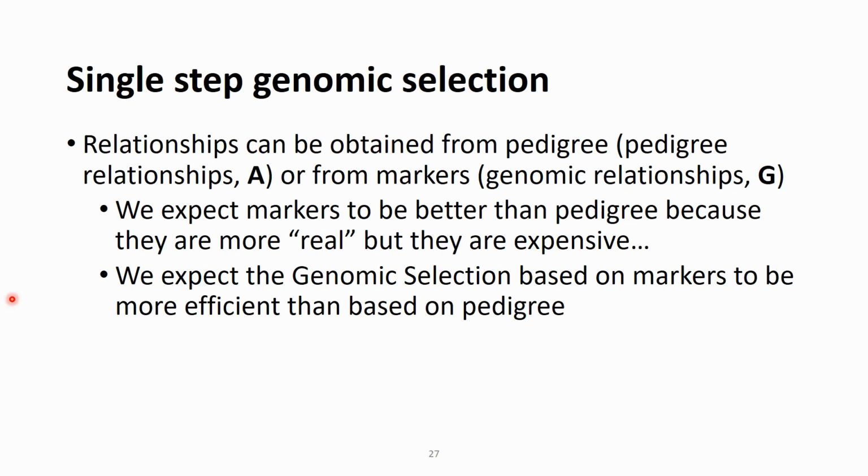Along similar lines, I would like to underline another method that is frequently used, and this is the so-called single-step genomic selection. Previously, when we were speaking about genomic selection, we assumed that all of the individuals are genotyped. Well, on the other hand, especially in large populations, this might not be the case. So there is a part of the population that is genotyped and possibly a larger proportion of the population that is not genotyped.